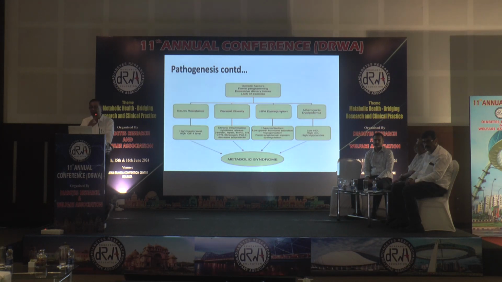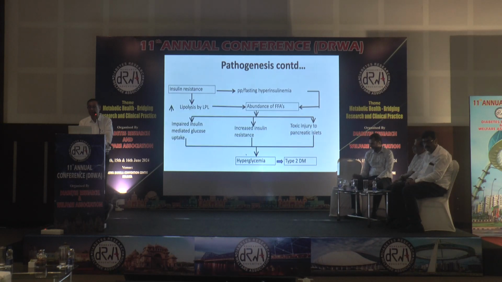So this is another graph which suggests how different factors lead to contribution of metabolic syndrome, and this metabolic syndrome in fact how it causes hyperglycemia and type 2 diabetes by directly causing toxic injury to the pancreatic islets. As I said, first phase of insulin release is abnormal, then increase in insulin resistance at the level of skeletal muscles, at the level of liver, and impaired insulin mediated glucose uptake even at the level of skeletal muscles, because there is resistance at the level of GLUT4 in skeletal muscles.